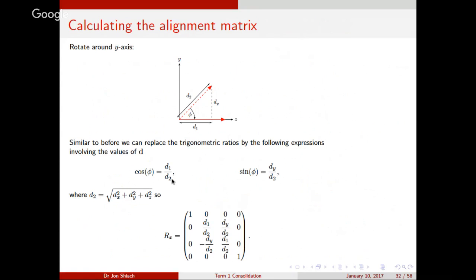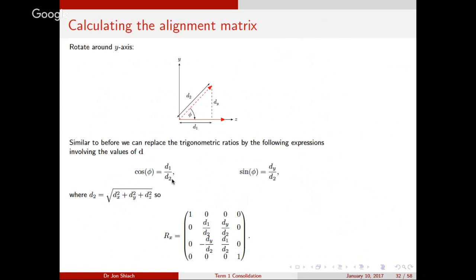We could do similar for the rotation around the x-axis. This time we're looking along the x-axis, and this is our dashed vector, what we have after the first rotation. So this is z and this is y. We want to rotate it by phi radians, so we end up with a vector along the z-axis.